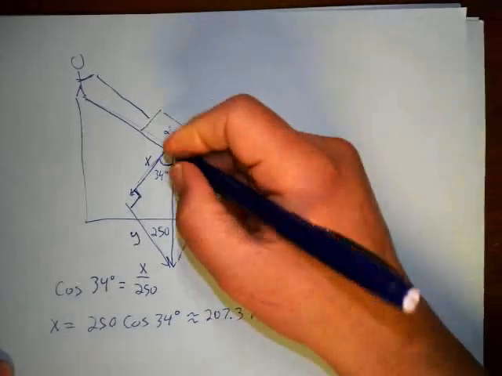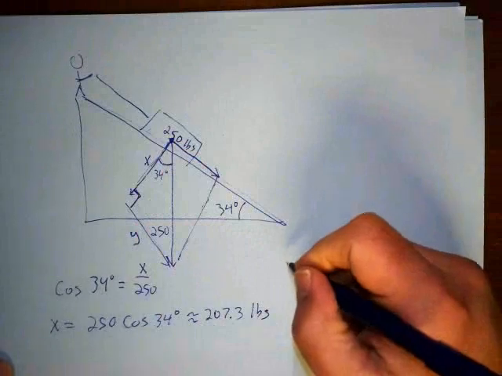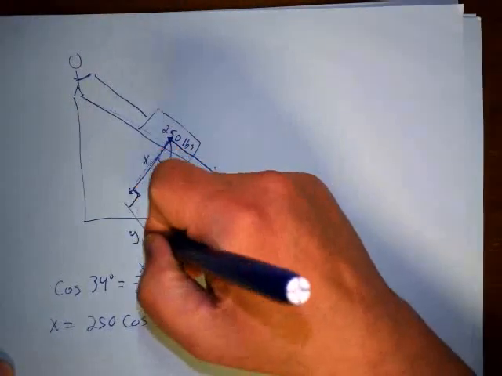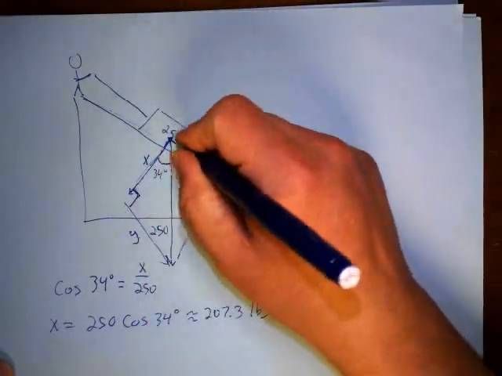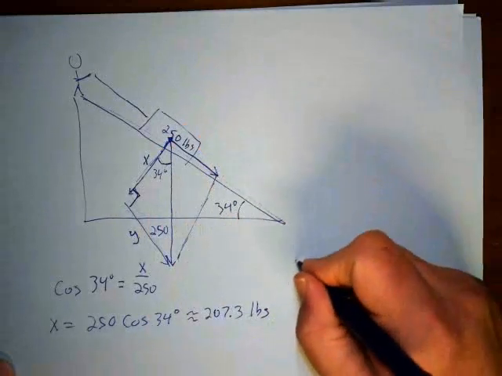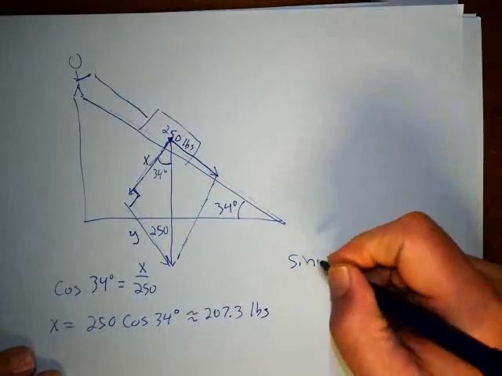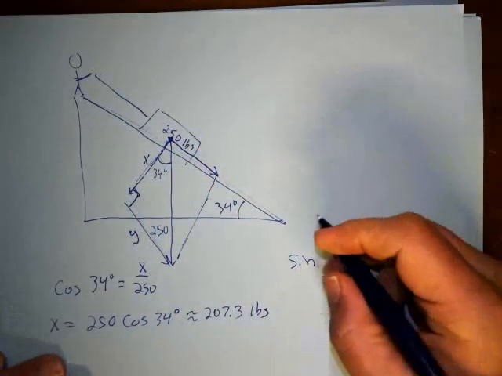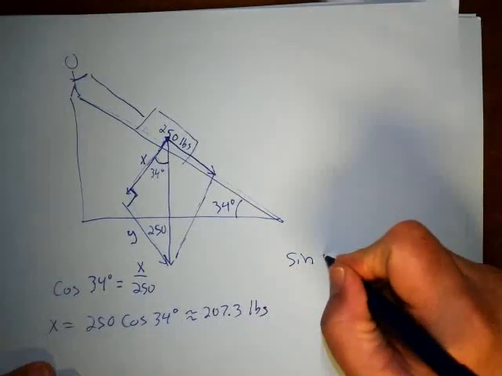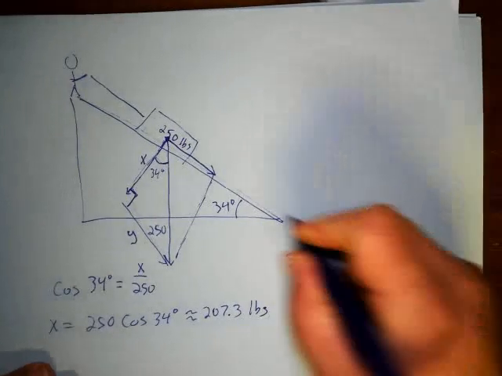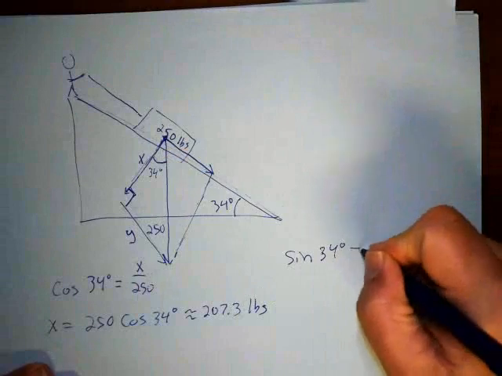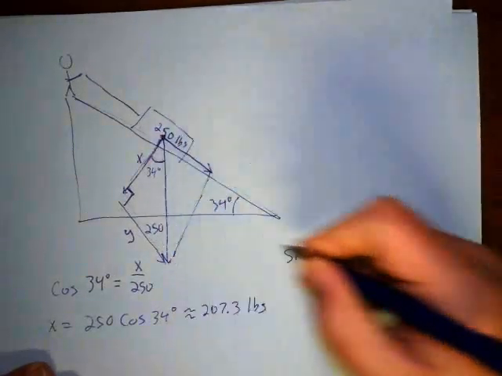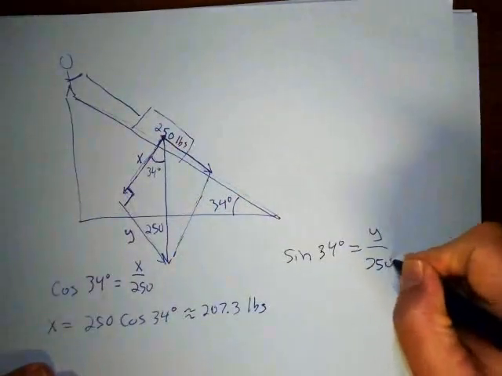And then for this component, this one would be the one that is parallel to the ramp. So I have sine of 34 degrees is the opposite, which is y, over the hypotenuse, which is 250.